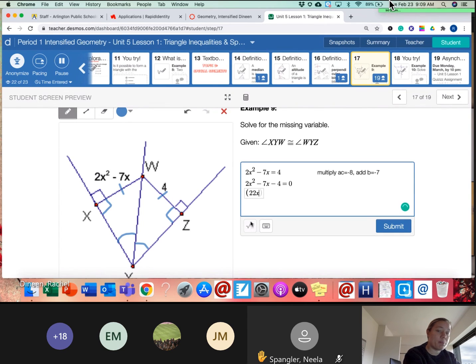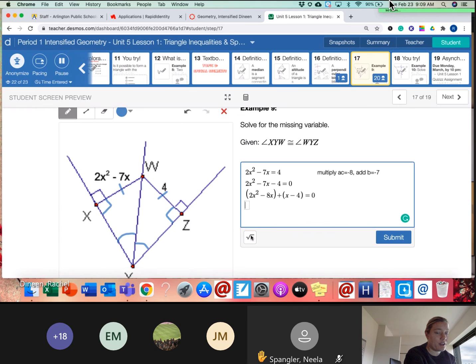So we're going to split the middle term. Instead of saying -7x, we are going to say -8x plus x. Multiply to give you ac, add to give you b: -8, +1. I'm going through this a little bit fast because I'm running out of synchronous time.